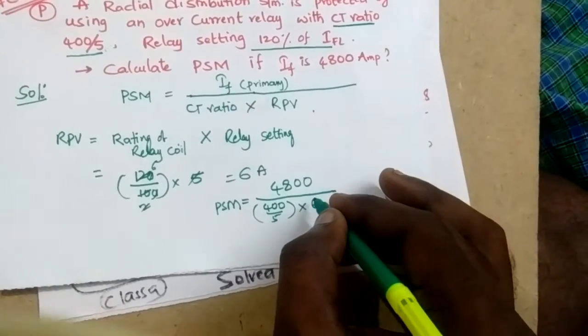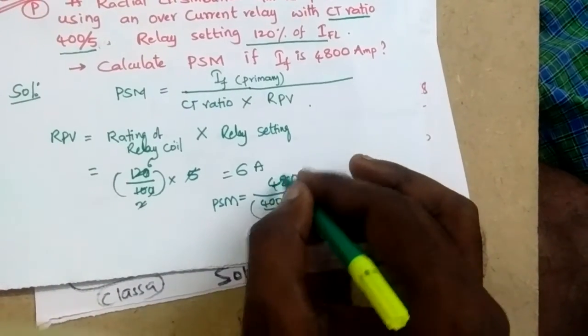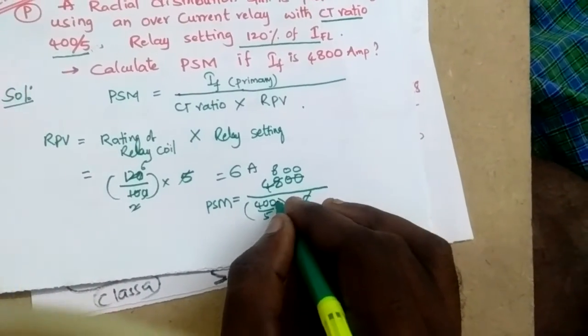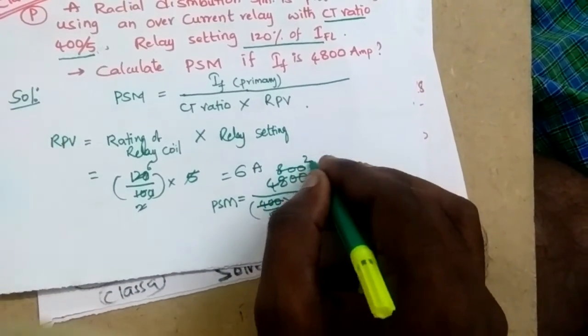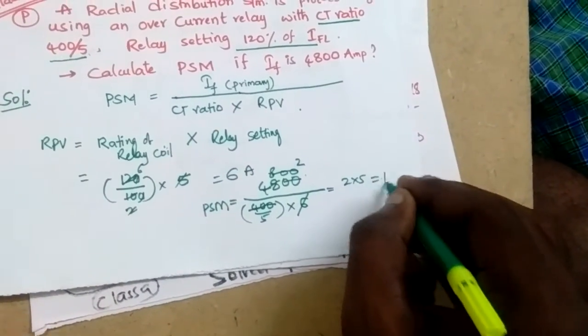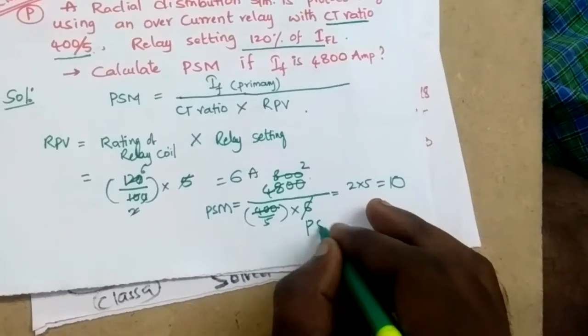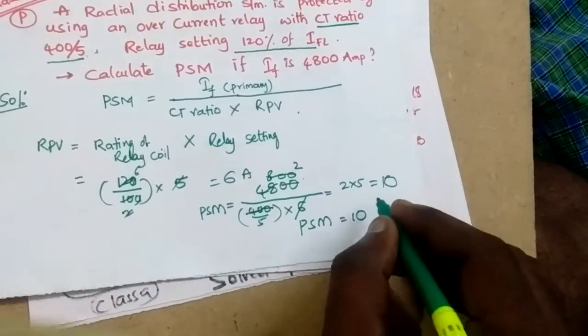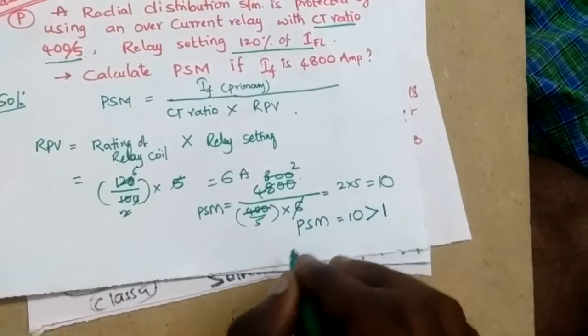Now go on, 6 times 8 is 48, and with the zeros, 4800. This is 400 over 5, so 400 divided by 6 times 5 goes up, that is 2 times 5 is 10. So PSM is equal to 10, which is greater than 1.